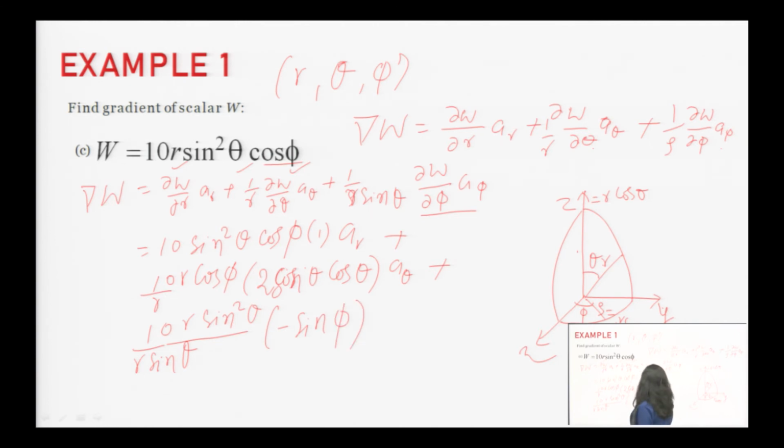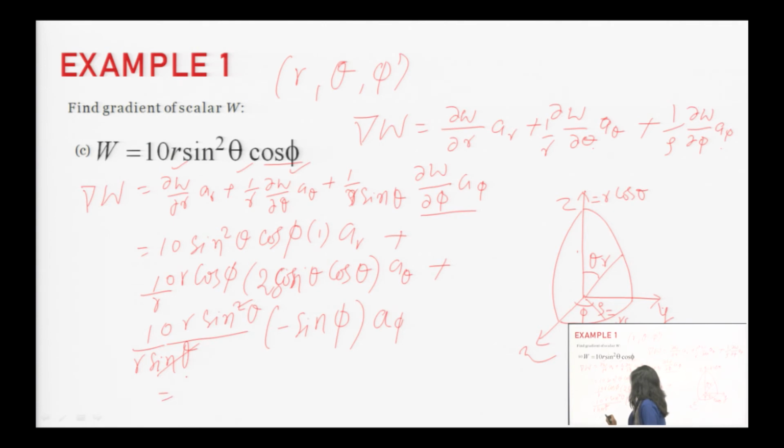Now we can cancel this theta by this square, and here the unit vector of a phi will appear. After simplifying, it is already simplified, so this is the answer for the gradient of a scalar.